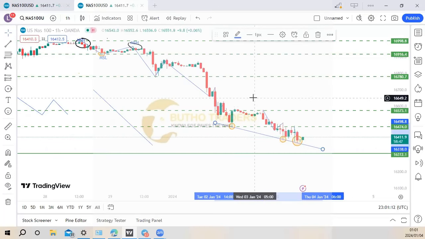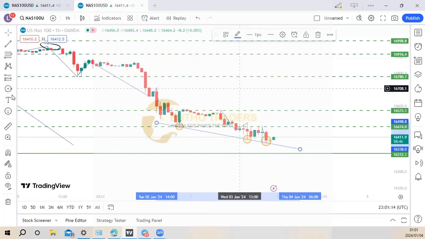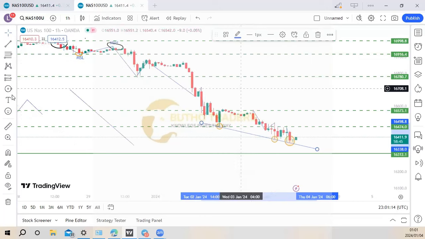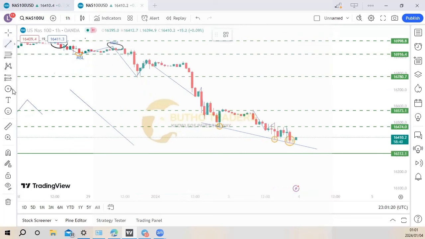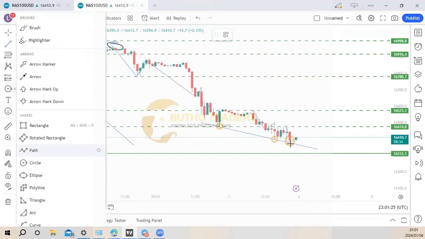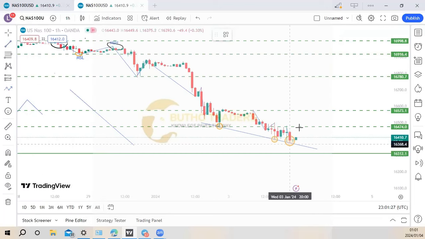So it's either it can do this, guys. Either it can do this. So now the market can do this, guys. It can shoot up, come here, and sit here, right? Where is it sitting? On our previous major swing low, right?